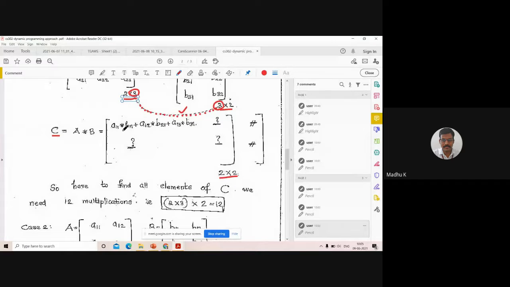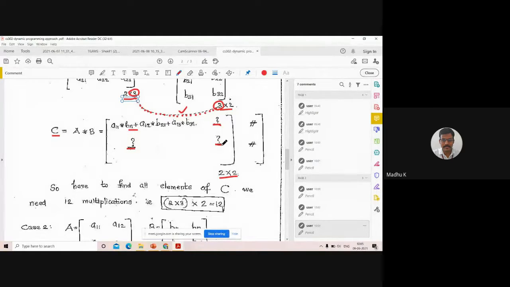Now, how many elements will be in the matrix C? There are 4 elements, since it's a 2 by 2 matrix. This is one element, this is the second, this is the third, this is the fourth.